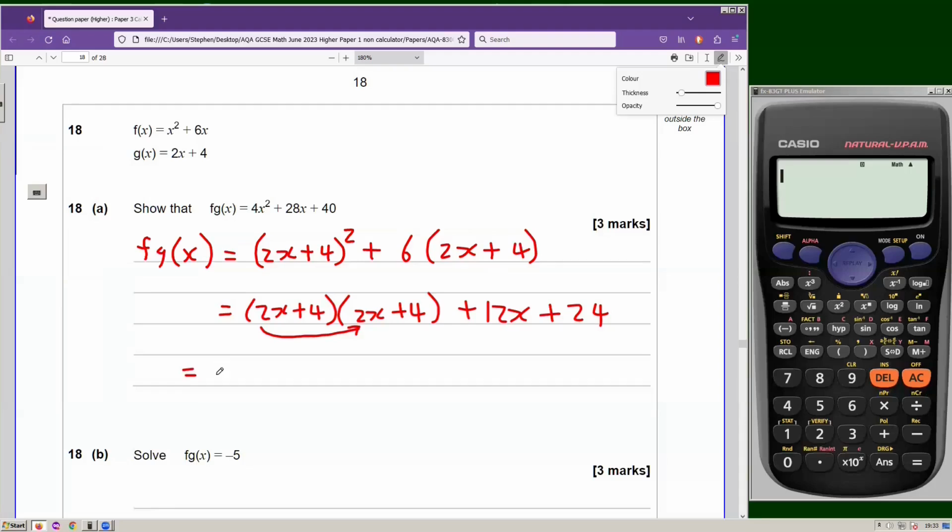Equals 4x squared, and then plus 8x, and then this one, that one, and that one, plus another 8x, plus 16, plus 12x, plus 24.